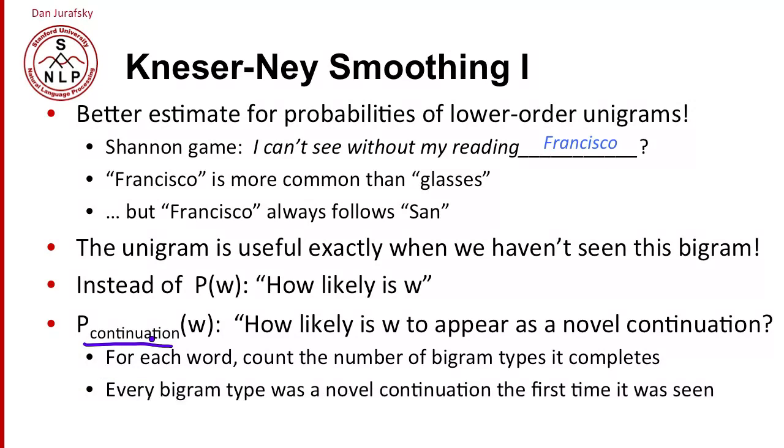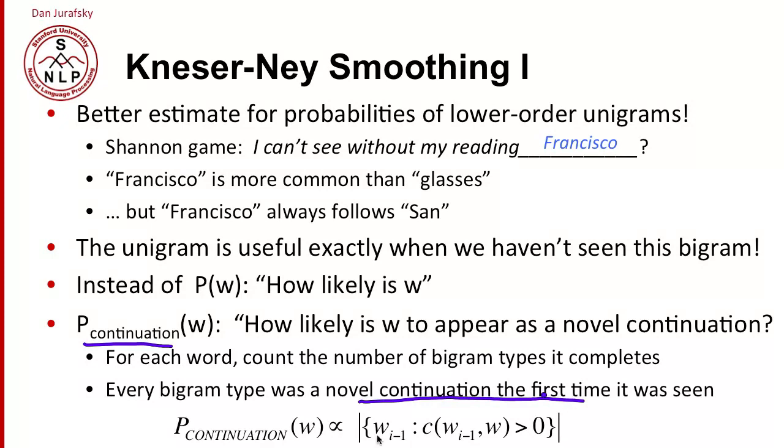In other words, each bigram type is a novel continuation the first time we see this new bigram. In other words, the continuation probability is going to be proportional to the cardinality of this set, the number of preceding words, W i-1, that occur with our word. So how many words occur before this word in a bigram?